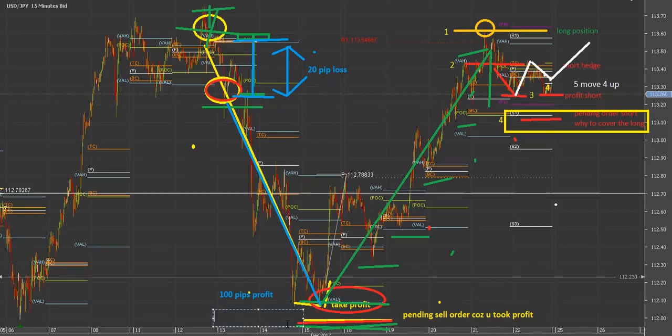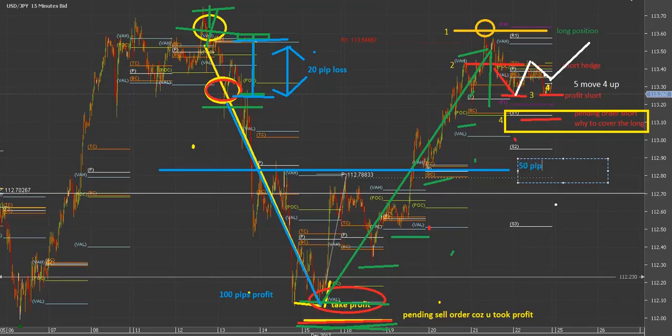On the move from here to here, you took profit. You can call that 100 pips from the short, right? Which means that you're 80 pips, which means that you're still 20 pips in loss, okay?